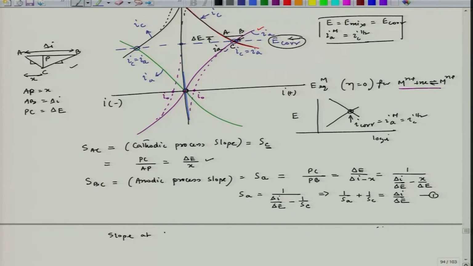that slope at C for the anodic process, that means I have to find a slope for this I equal to, RT, 2.303, alpha NF.